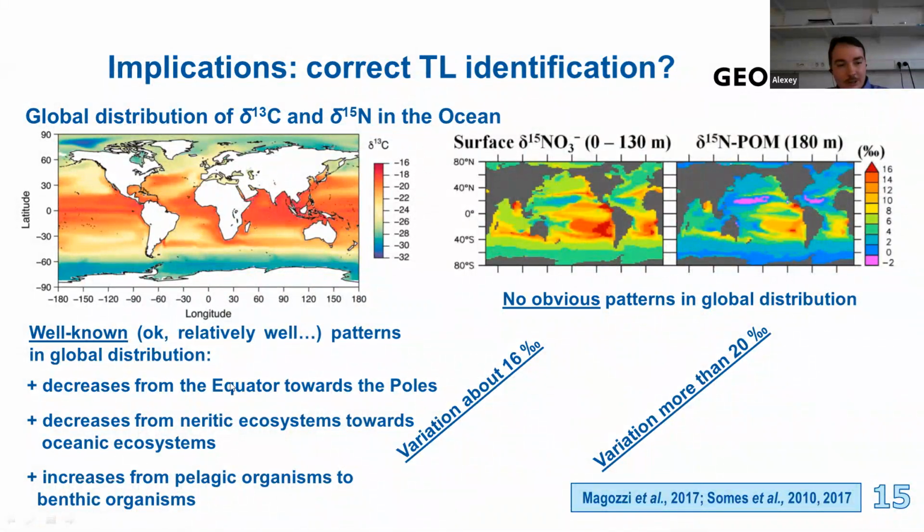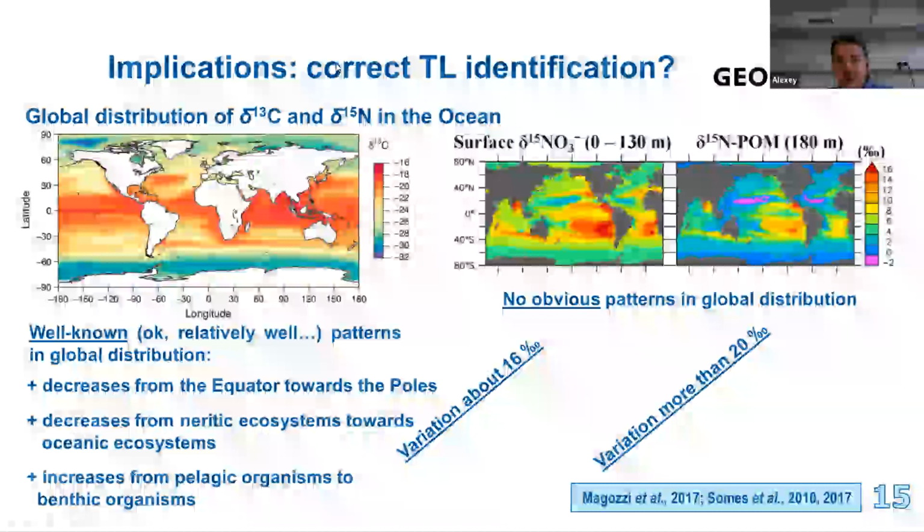Also, we can see decreases from neritic to oceanic ecosystems. And we also know it increases from pelagic to more benthic organisms within the same ecosystem. And variation is about 16 per mil worldwide. But in nitrogen, there is literally no obvious pattern, and variation is much higher than carbon, more than 20 per mil.